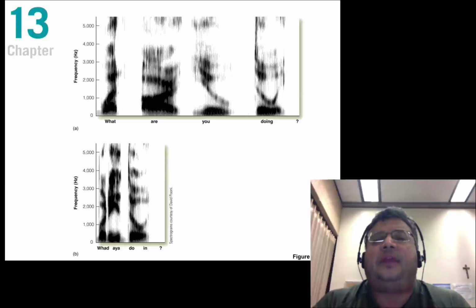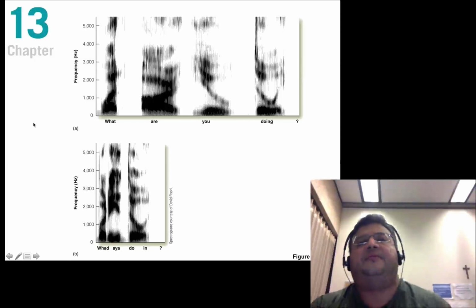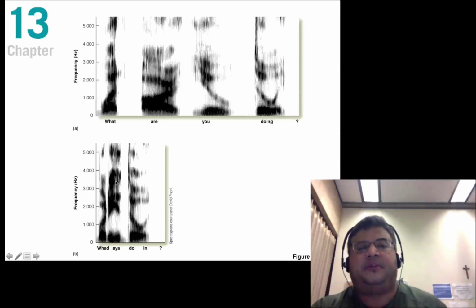And not only that, they look very different when you look at them in the audio spectrogram. If you look at these two spectrograms here for the first sentence and the second sentence, you'll notice they're completely different. If you were to design a machine that would understand, say, this spectrogram here, it would be completely unable to understand this spectrogram here.